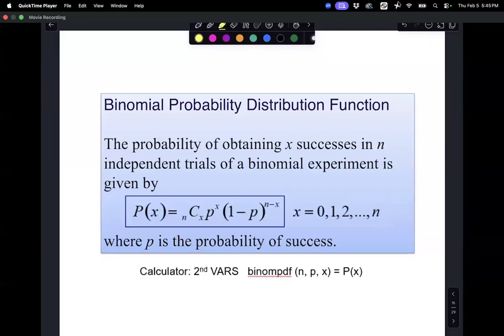This right here, down here, this is what we're going to be using. We are not going to be using this top one that I just circled. We're going to be using what I just highlighted in yellow because it is super easy in your calculator. And that's what we're going to do. And I will show you how to use that.